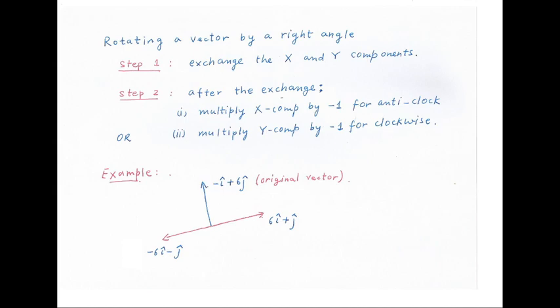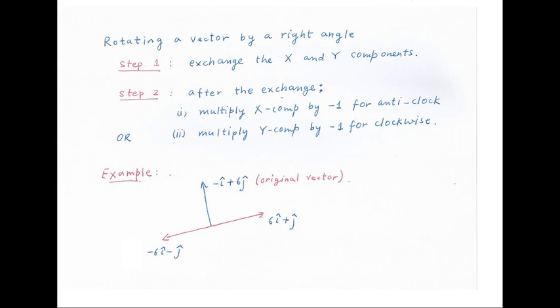After you've done that exchange, if you multiply the x component by minus 1, you get an anti-clockwise rotation. If you multiply the y component by minus 1, you get a clockwise rotation. This is a very simple and powerful scheme, which can be used in multiple places in physics: how do you rotate a vector by 90 degrees?